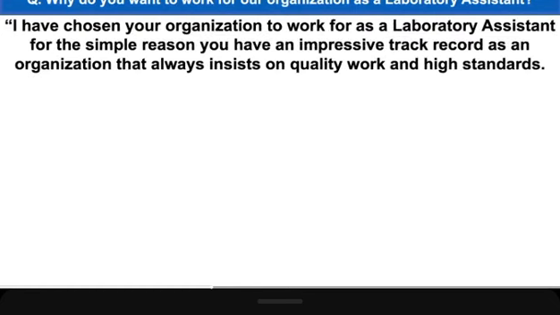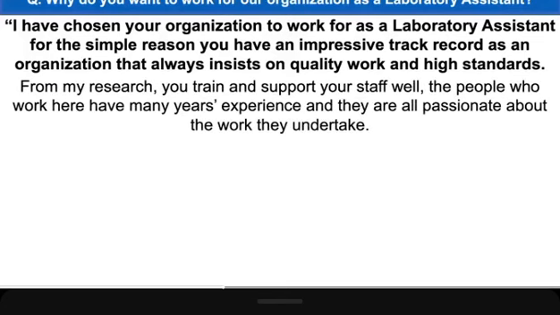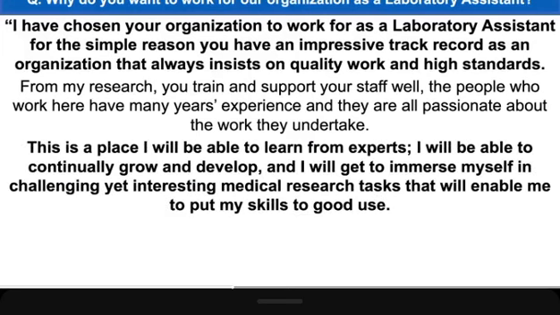Why do you want to work for our organisation as a laboratory assistant? Here we go. I've chosen your organisation to work for as a lab assistant for the simple reason you have an impressive track record as an organisation that always insists on quality work and high standards. Now, from my research, you train and support your staff well. The people who work here have many years' experience, and they are all passionate about the work they undertake.